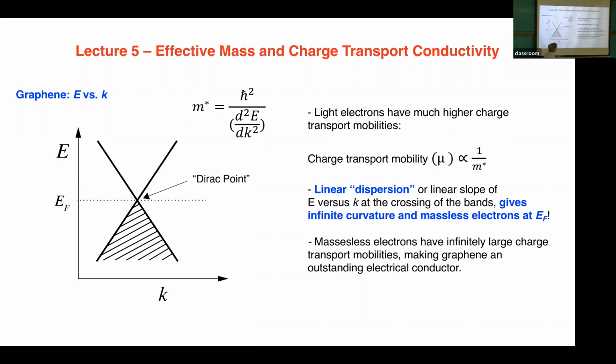So this charge transport mobility is an intrinsic property of the solid, and it's 1 over this effective mass. So when you look at an energy versus k diagram and you see the curvature of the lines on that diagram, if you find a band that has a very high curvature, that tells you that the electrons in that orbital are going to have a high charge transport mobility.